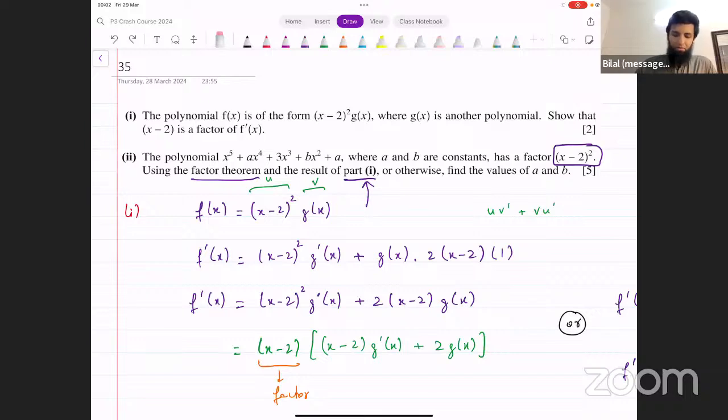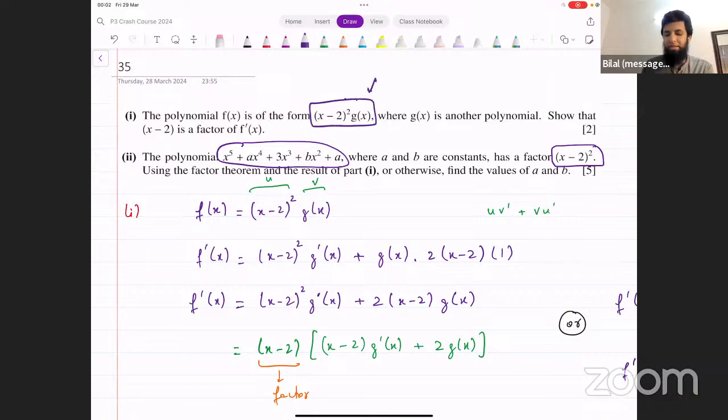Now, using the result of part 1, how is part 1 related to what they're asking for in part 2? We have this polynomial x raised to the power 5 plus something, and they're saying this polynomial has a factor x minus 2 whole squared. In the first part, they gave us a function f of x, which was of the form x minus 2 whole squared into g of x.